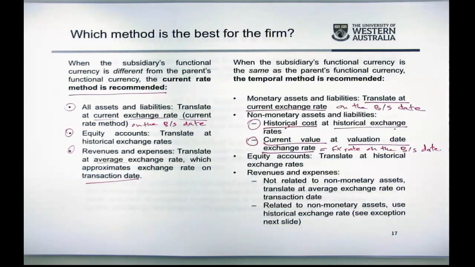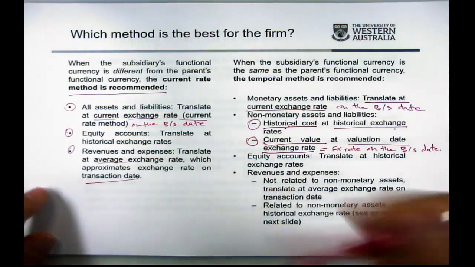Similar to the FX rate on the balance sheet date. Because firms normally calculate the fair value of some of their assets and liabilities when they are about to prepare the balance sheet and the income statement, right? For the purpose of calculating the unrealized gains and also reporting the fair value of the underlying, right? So it will be the same.